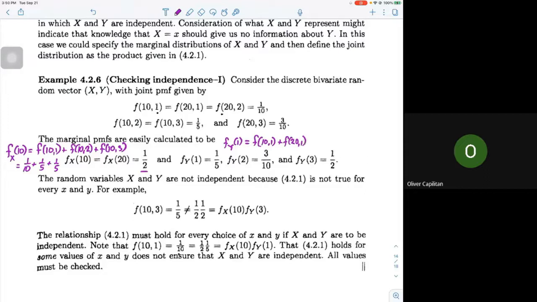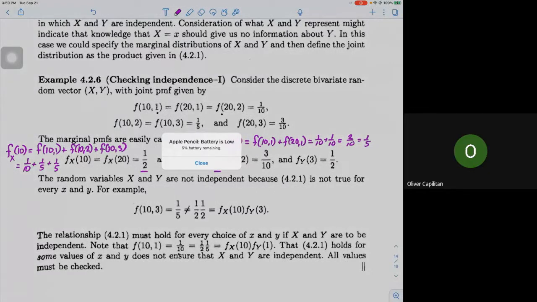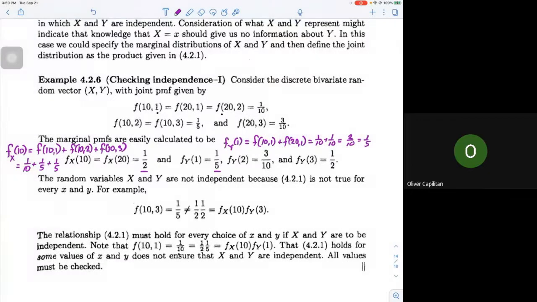So this is equal to 1 over 10 plus 1 over 10, which is equal to 2 over 10. And this is equal to 1 over 5. So we have that. And then you can verify for the other PMFs.